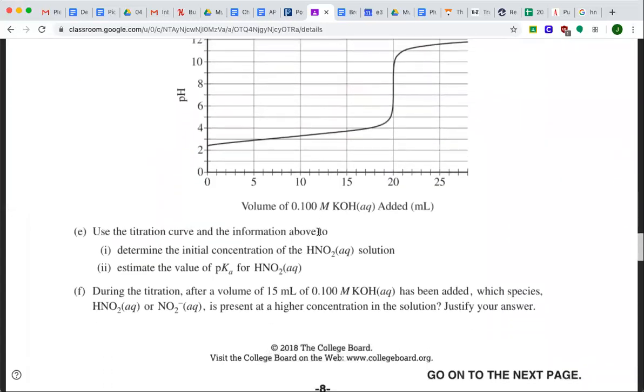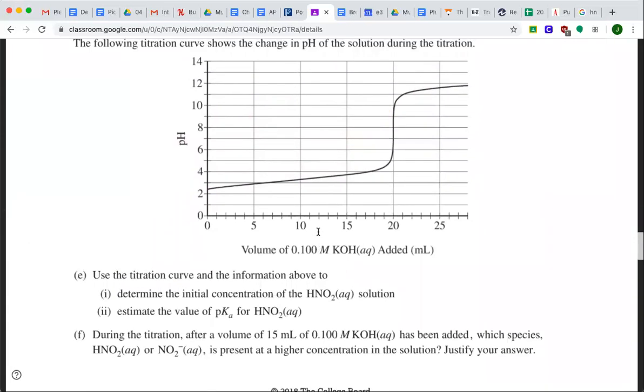F. During the titration, after a volume of 15 milliliters of 0.1 molar potassium hydroxide has been added, which species, HNO2 or NO2 minus, is present at a higher concentration in the solution? Justify your answer. Okay.